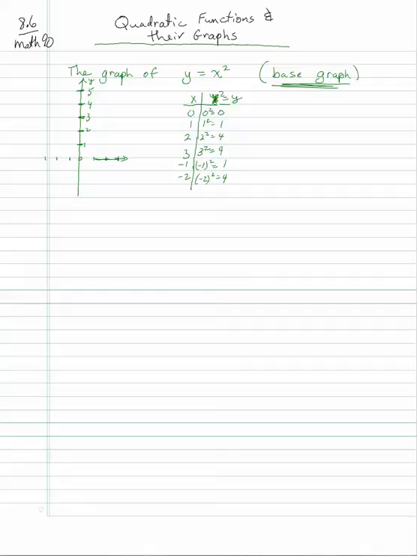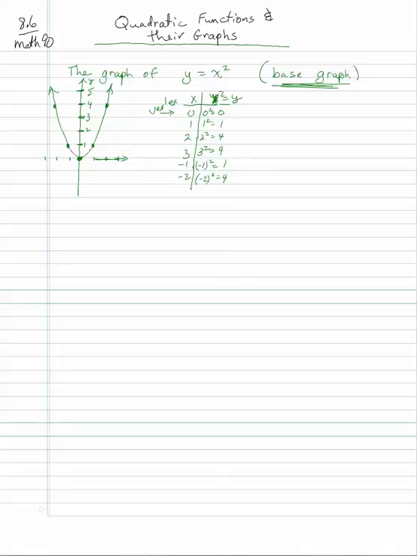Let's plot these. 0, 0, we call that the vertex. 1, 1, and I've got a mirror image over here. 2, 4, mirror image here. And it makes this nice parabola shape.